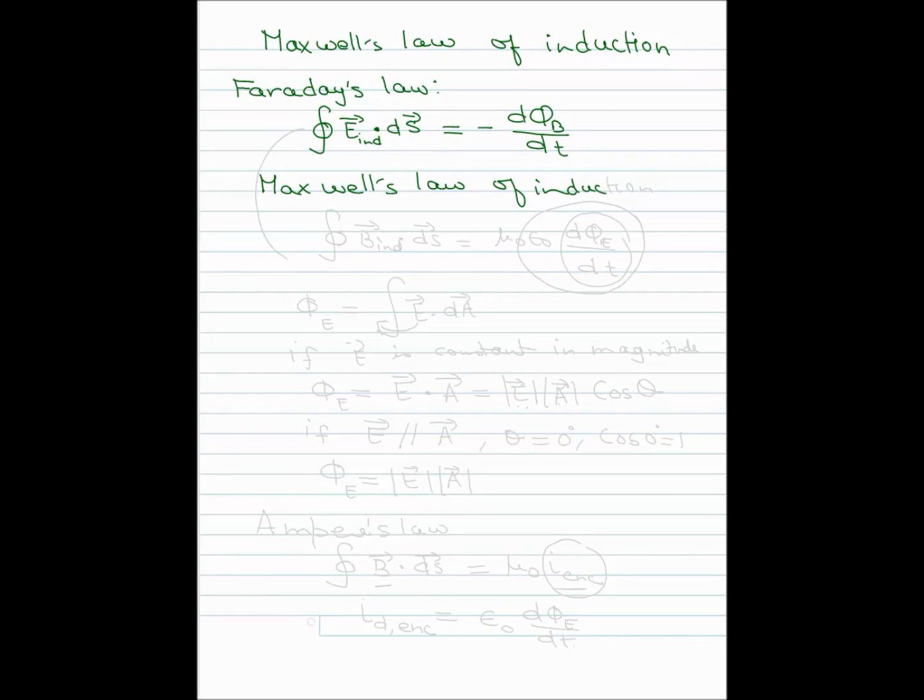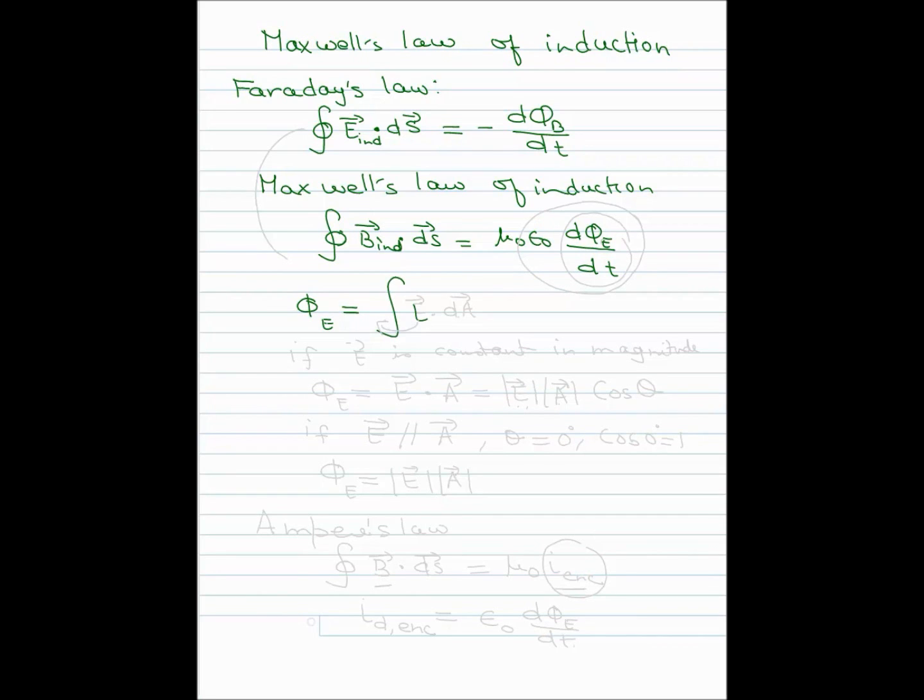And it says that the induced magnetic field, the integral of B induced dot ds through a closed loop, is equal to mu 0 epsilon 0 dΦE over dt, where ΦE is the electric flux.